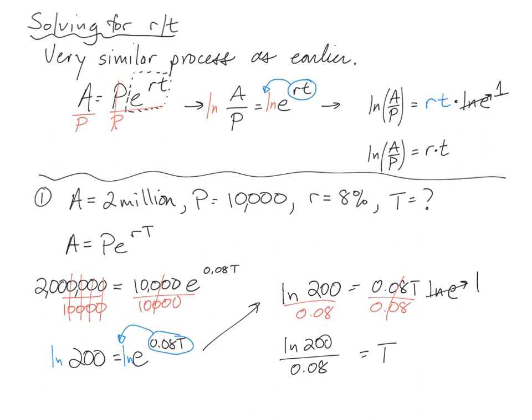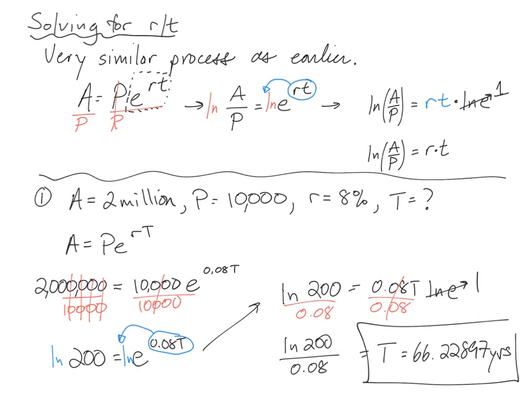And you can see that the time will end up being 66.22897 years for money to grow from $10,000 to $2 million. And then you'll have to decide whether or not that is worth it to you.